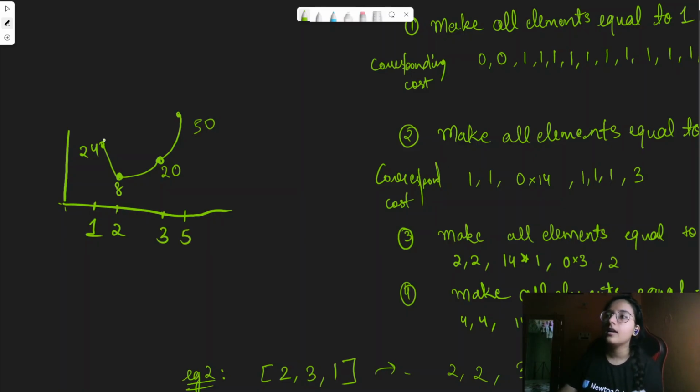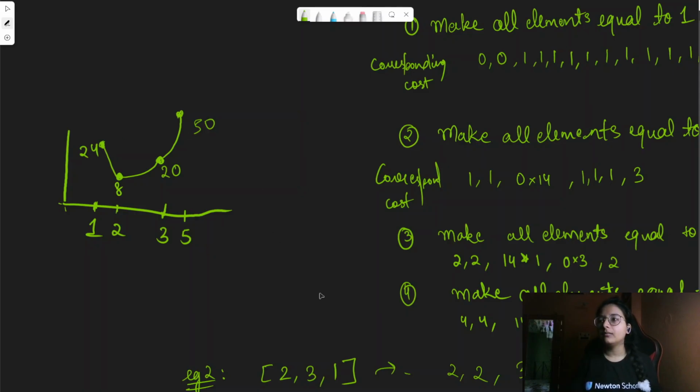So this was the thing. So if our element is at the starting, so here it is the cost graph. When it is in the middle, 2, and then when it goes ahead, and then for the last element. So basically you can see that all the elements which are present there, they all are converging towards the middle element. Then we are getting the minimum cost. You can clearly see here.